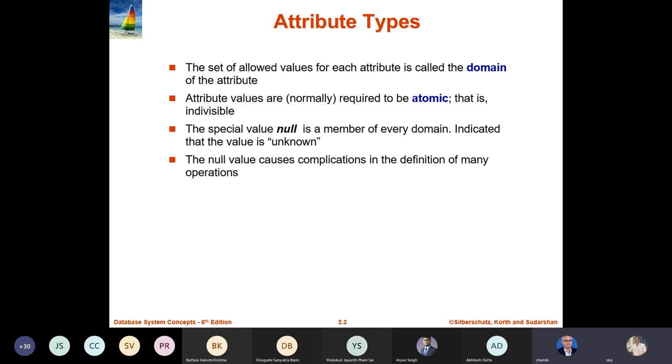or attribute values are atomic, right? And there is a special case of value which is null, which indicates the value is unknown, right?